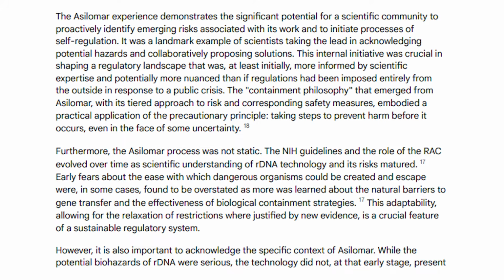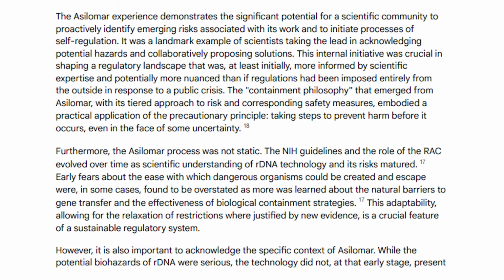It was a landmark example of scientists taking the lead, acknowledging potential hazards and collaboratively proposing solutions. This internal initiative was crucial in shaping a regulatory landscape that was, at least initially, more informed by scientific expertise and potentially more nuanced than if regulations had been imposed entirely from the outside in response to a public crisis.